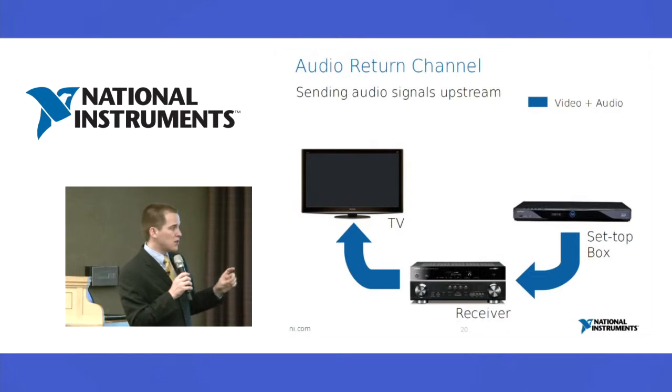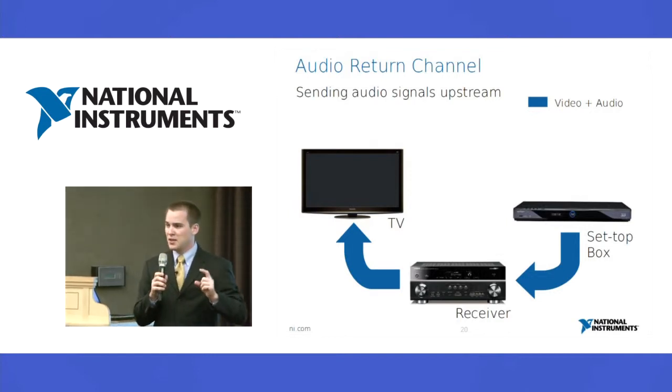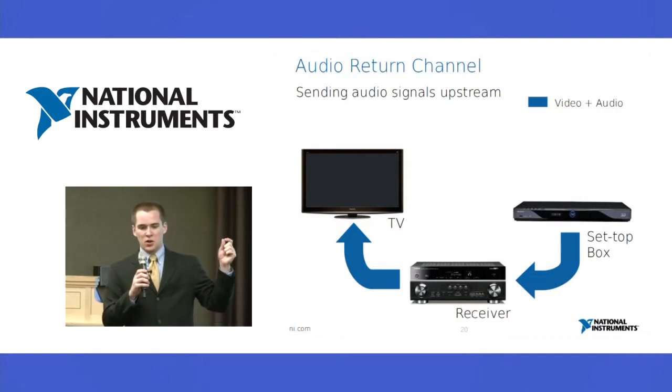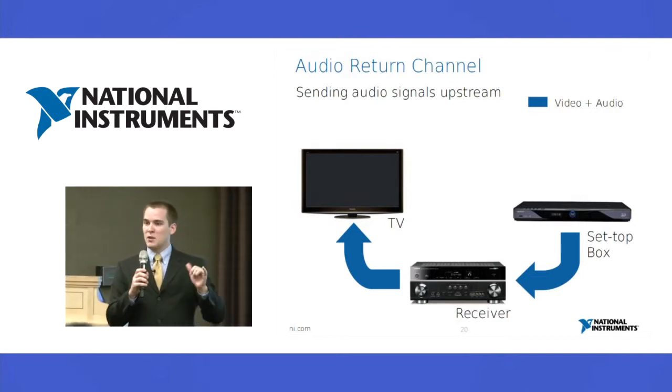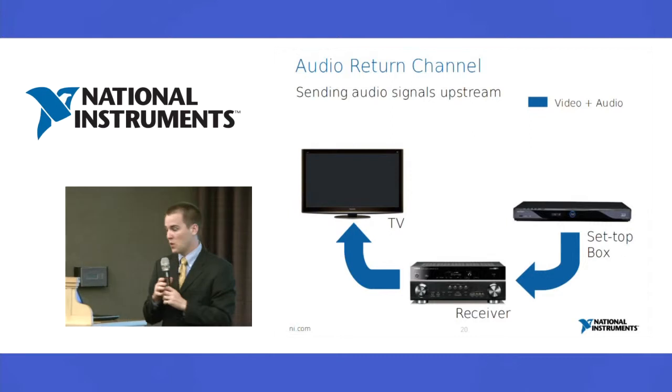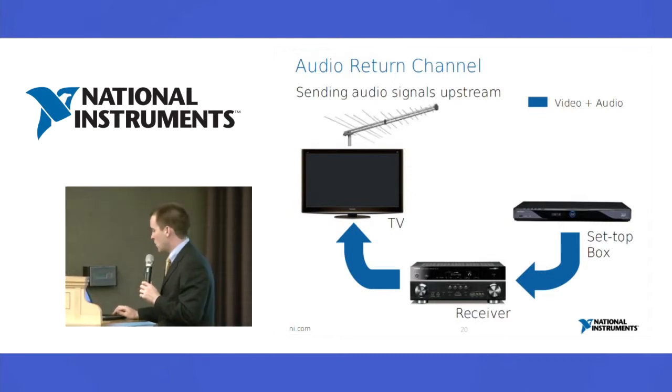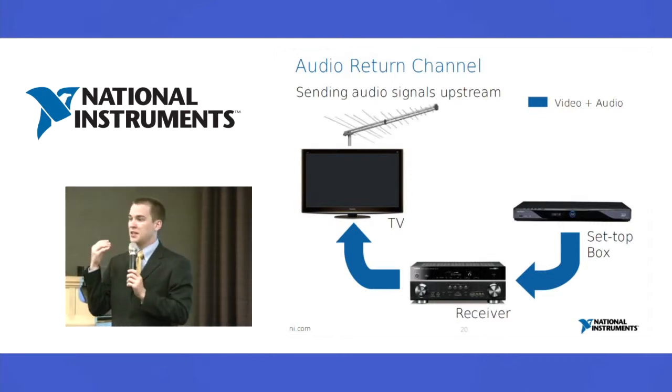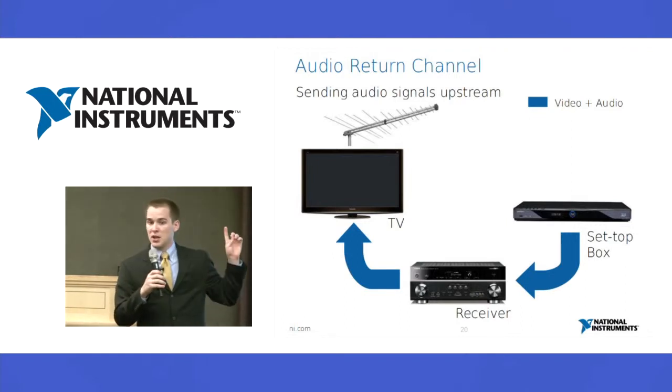So this is a standard use, and something interesting about HDMI is it's a one-way street. It goes from source to sink. It's not a bi-directional network. Well, if, for instance, your TV has an antenna on it, the source is actually coming from the TV itself.